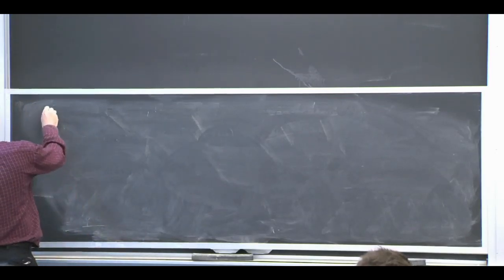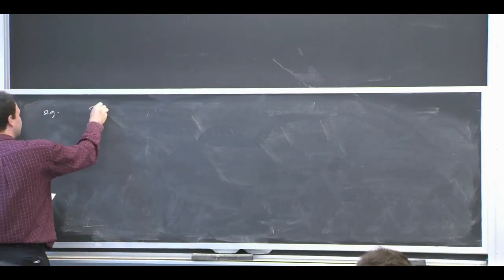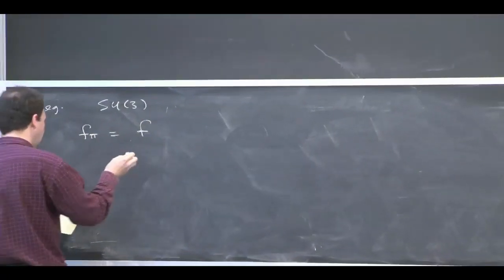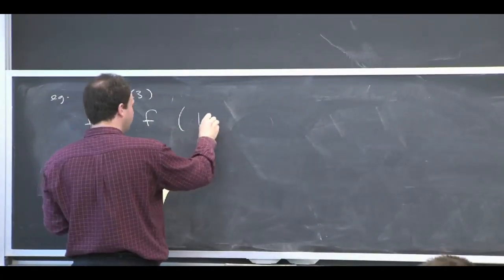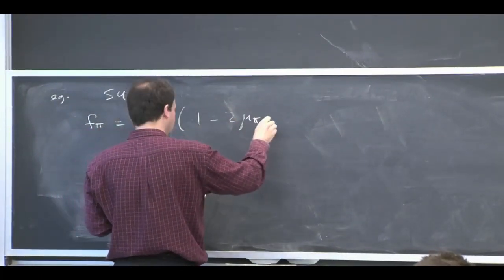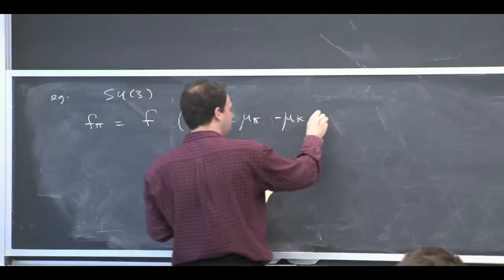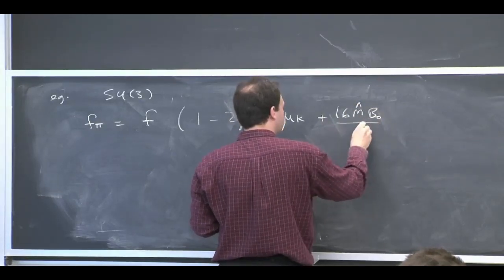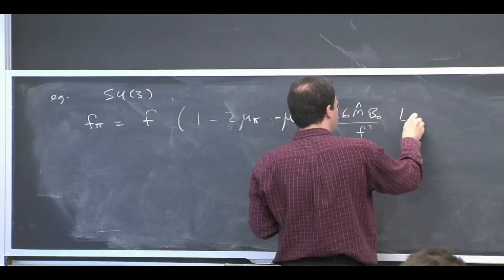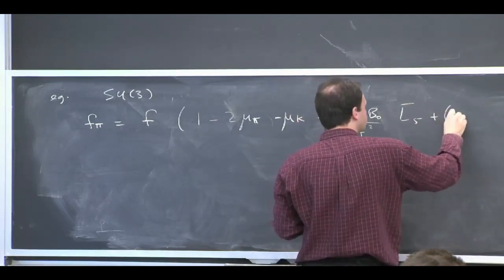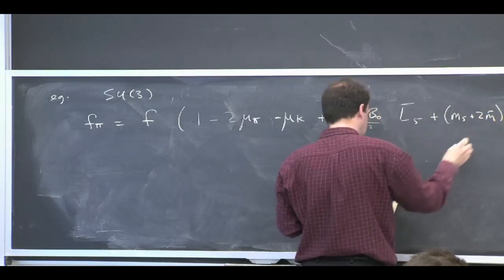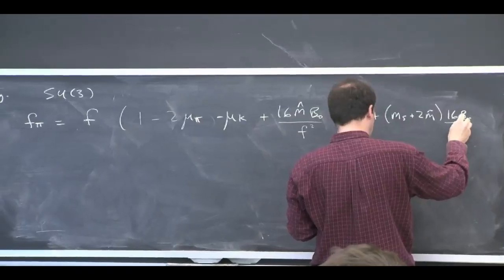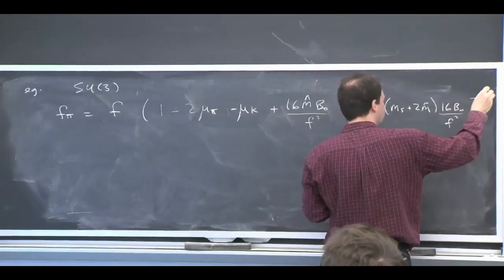OK, and so finally, this is the example I'm actually going to get you to do. So I'll have you look on the problem set at decay constants, and they have an analogous result to that one. You'll do the calculation in SU3, and the kind of result that you should expect to get is something that looks like this. So I'm using this B0 notation that I introduced over there, just so I could write it all in one line.